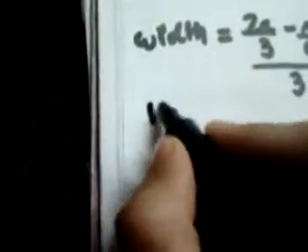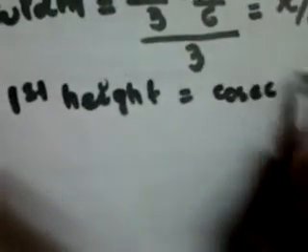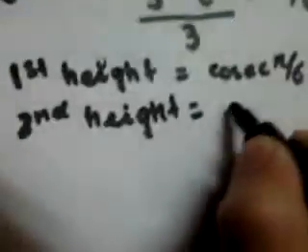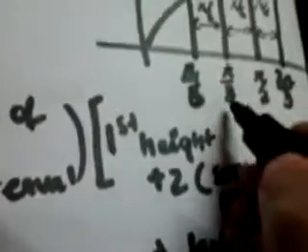Okay, now let's calculate the first height. The first height equals cosec pi by 6. That is 2. Now the second height equals cosec pi by 3.